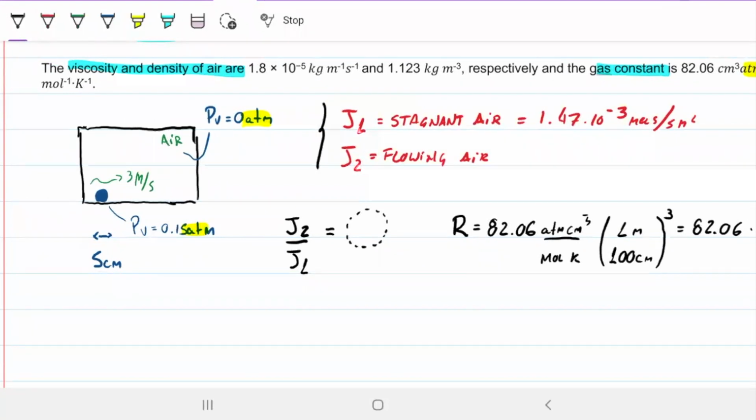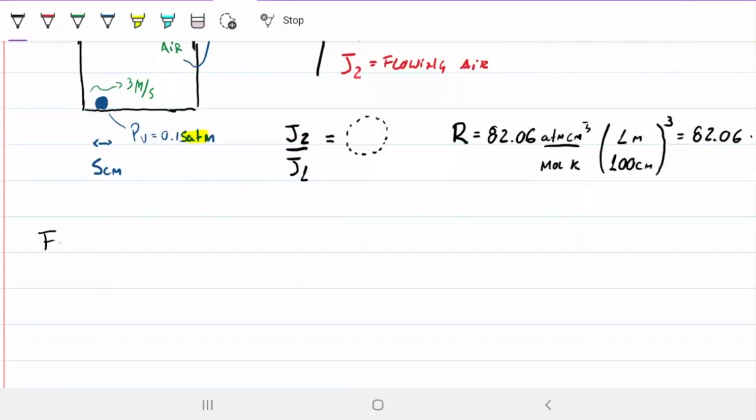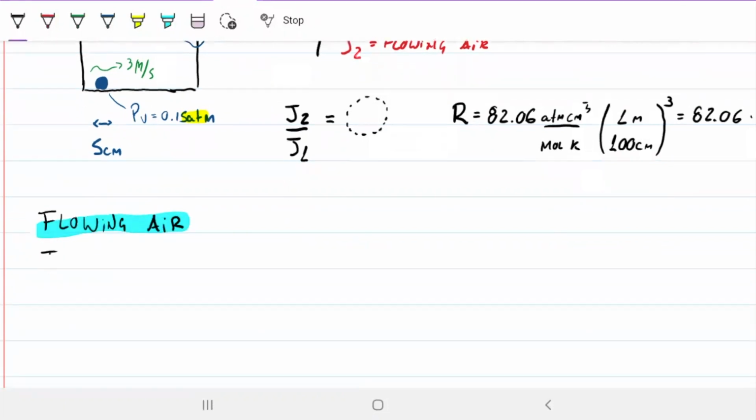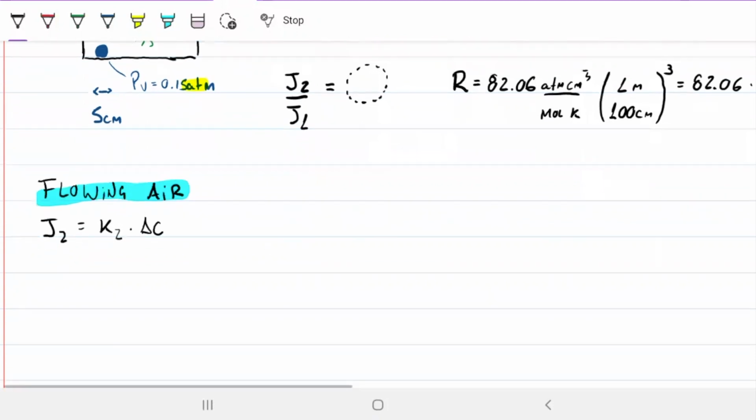Easy peasy. So let me go ahead and do a little column here on the left, and I'll say this is the flowing air column. So everything that I do on this column here is related to flowing air. What do I need? I need to find J2. J2, remember the convective equation, is just K2, K for mass, times the concentration. How can I find these things?